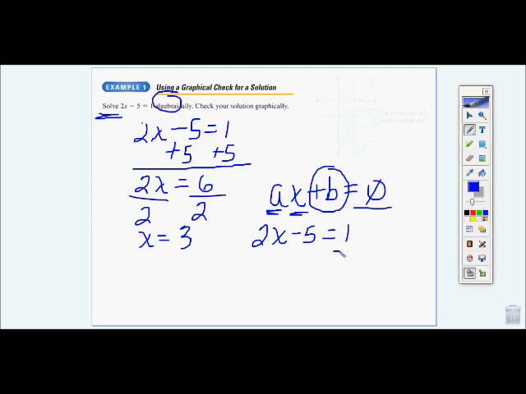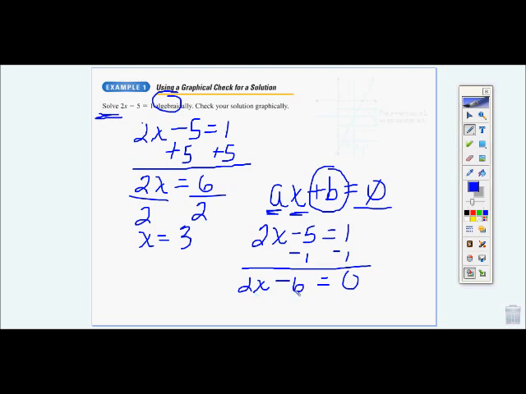So this time I'm going to move the 11, and that's going to give me the result of 0, and 2x minus 5, and then we have another constant term, negative 11. So now my statement is 2x minus 16 equals 0.